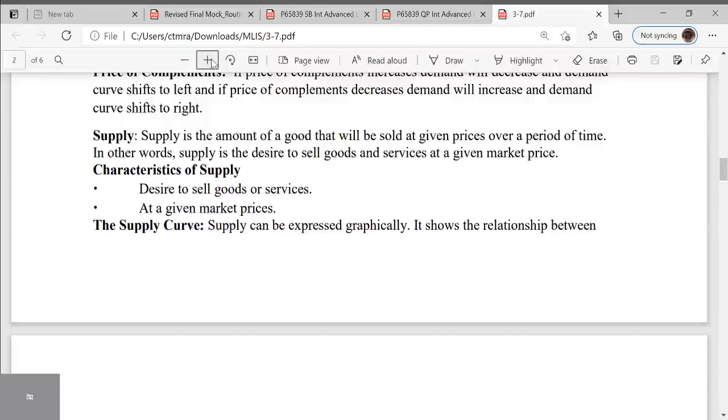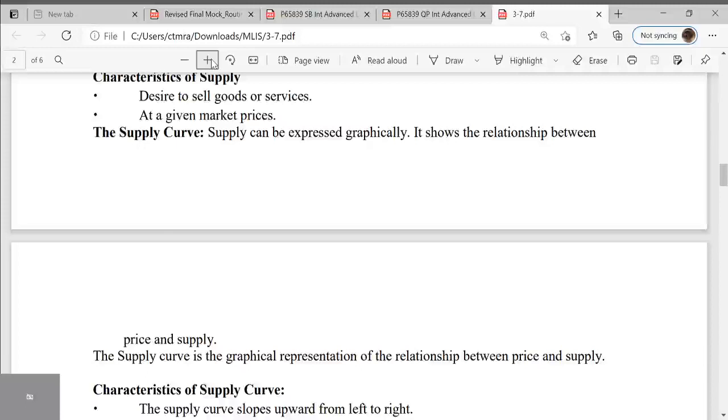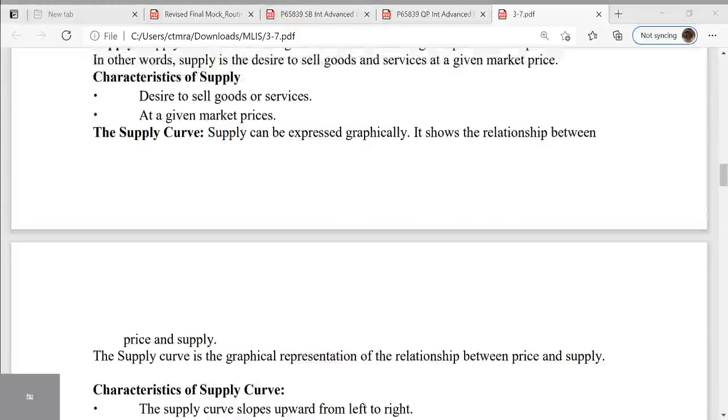Characteristics of supply: desire to sell goods or services at a given price. So these are the two characteristics we're getting, right? Because it becomes a burden or the purchasing power of the consumer falls, and so the demand falls.